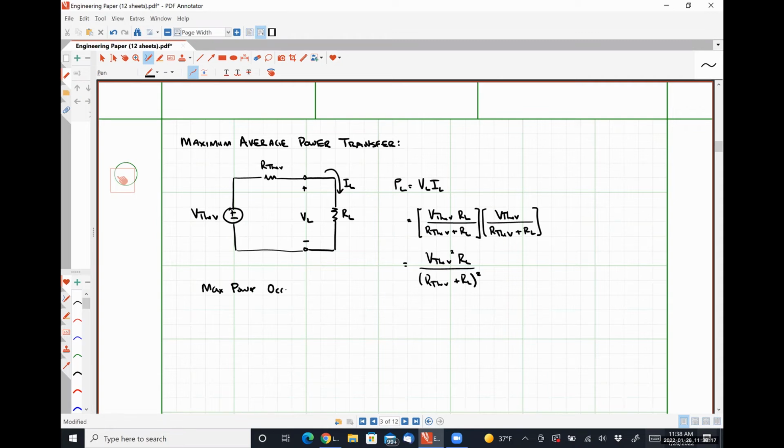So max power occurs at RL equal to R Thevenin, and the maximum power transferred is equal to 1/4 V Thevenin squared over R Thevenin. So that's how it works for a DC circuit.